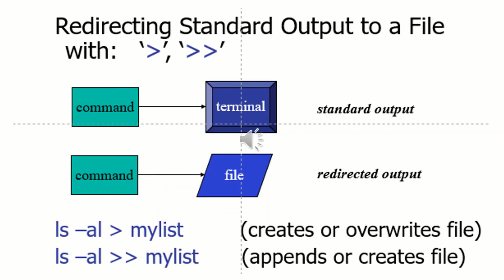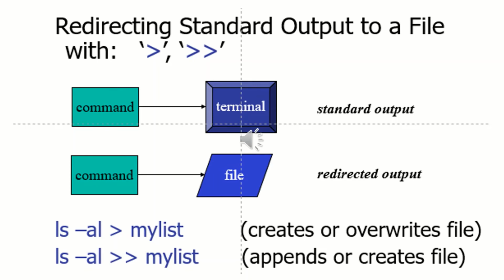Here we discuss redirecting standard output to a file with a single greater than sign or two greater than symbols. The output that displays on the screen is called standard output. Storing the same output into a file is called redirected output.